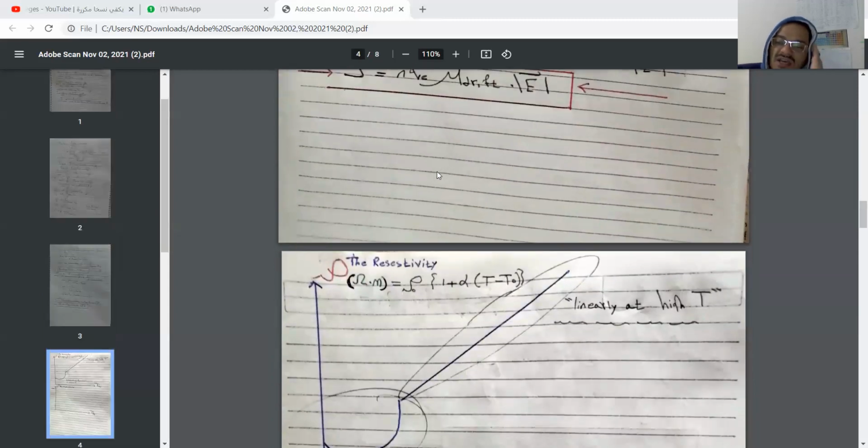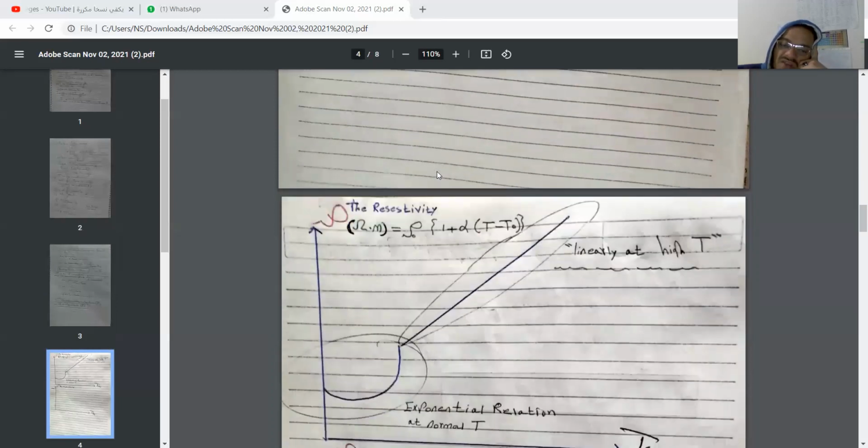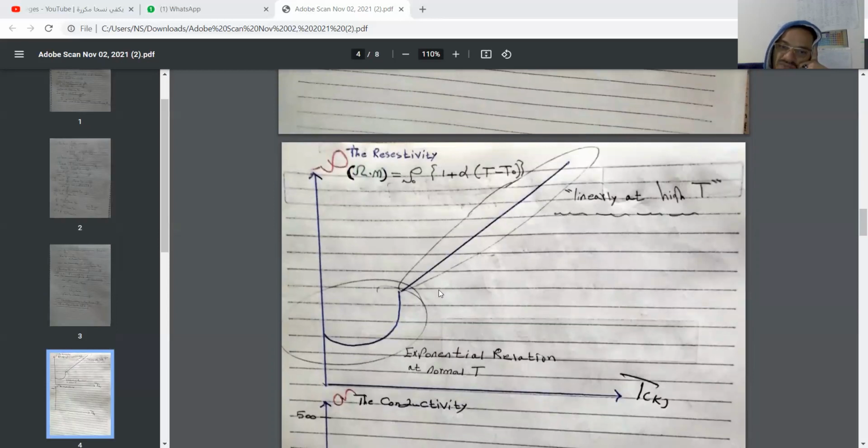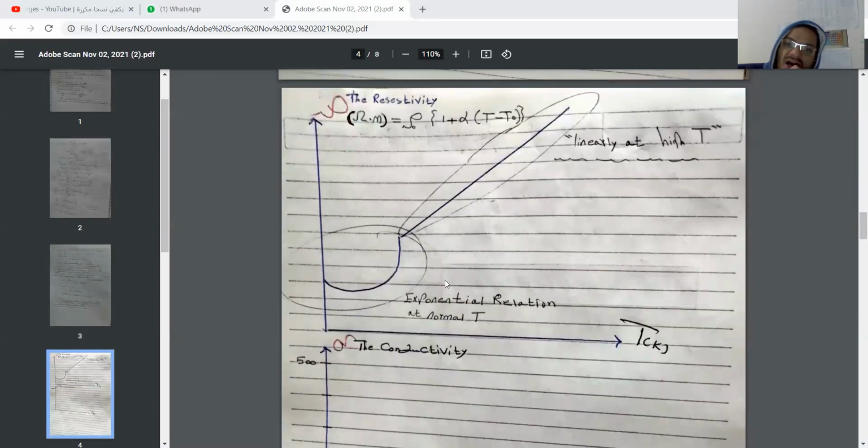And let's see the relation between the resistivity and the temperature. At normal temperatures, near room temperature, the relation between the resistivity and the temperature is exponential. And at a high temperature it will be linear like that.